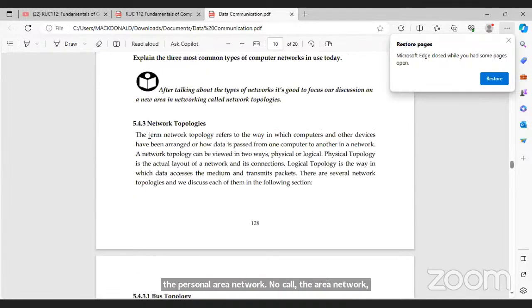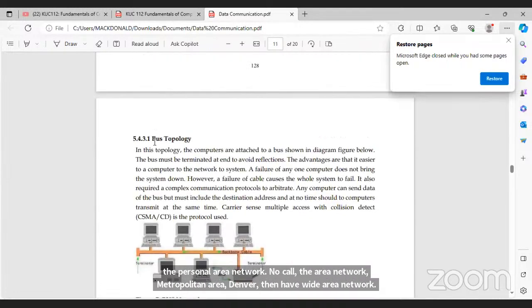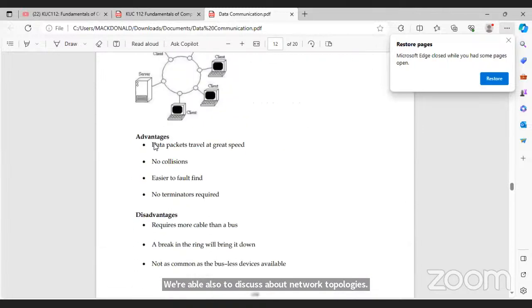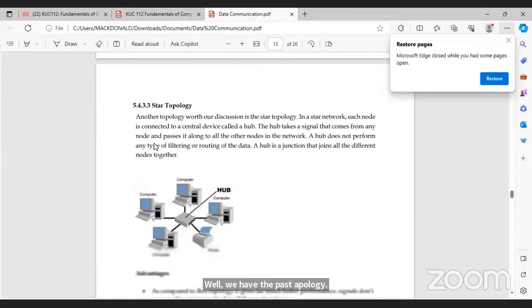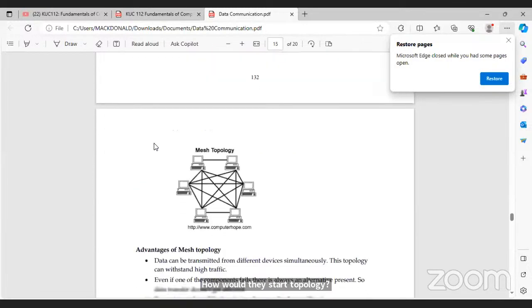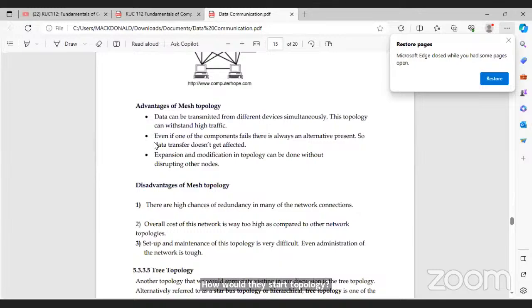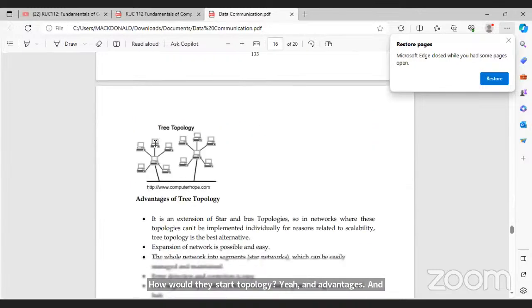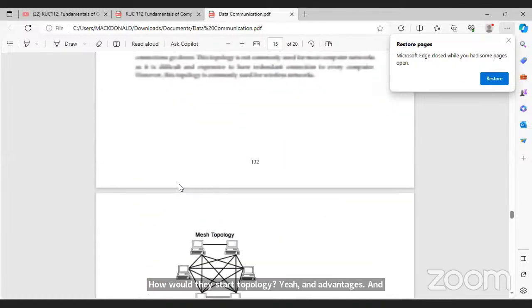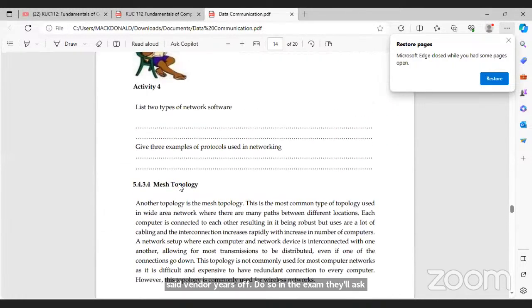We were also able to discuss network topologies, where we have the bus topology, ring topology, star topology, mesh topology, and the advantages and disadvantages of these.